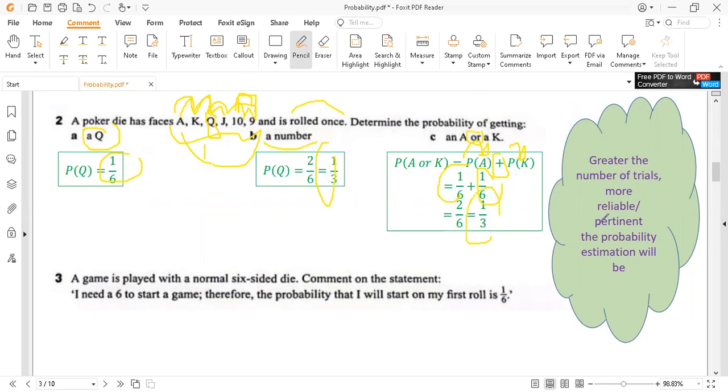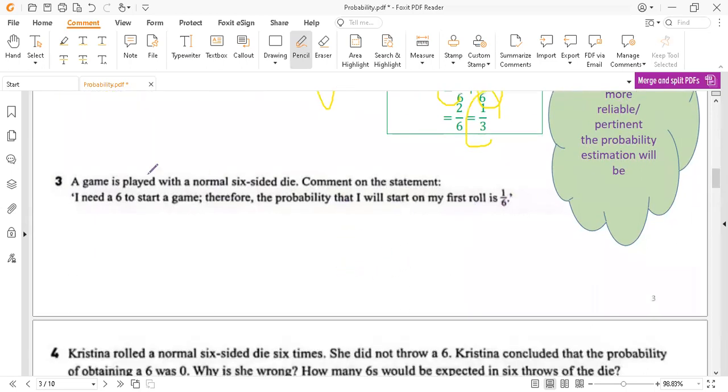We should know that the greater the number of trials, the more reliable or pertinent the probability estimation will be. Normally, it is also very easy to discuss this experiment. A game is played with a normal six-sided die.